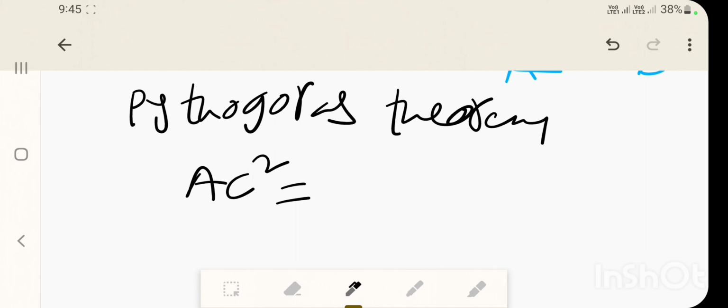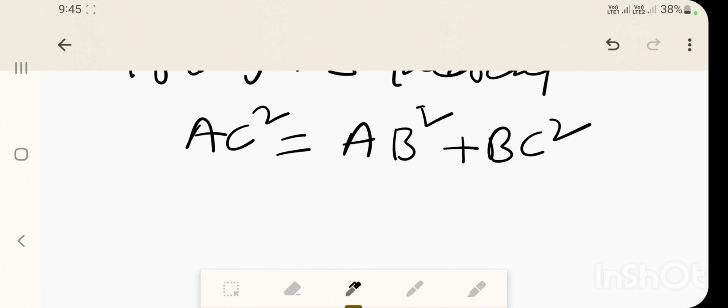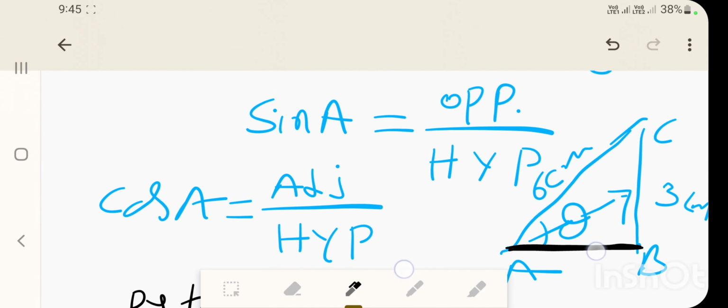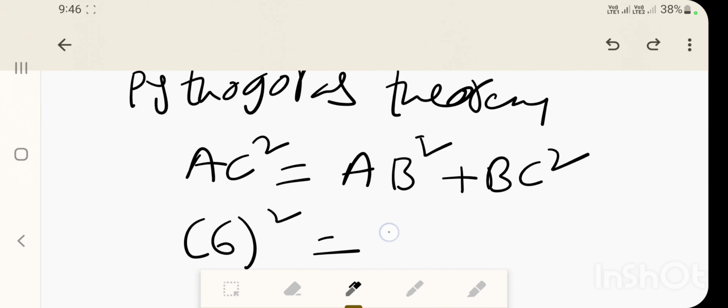We know that hypotenuse square is equal to opposite side square plus adjacent side square. All these, AC, AB, BC, are lengths. The hypotenuse is given as 6 square, the opposite side BC is given as 3 square, and we need to find AB square.